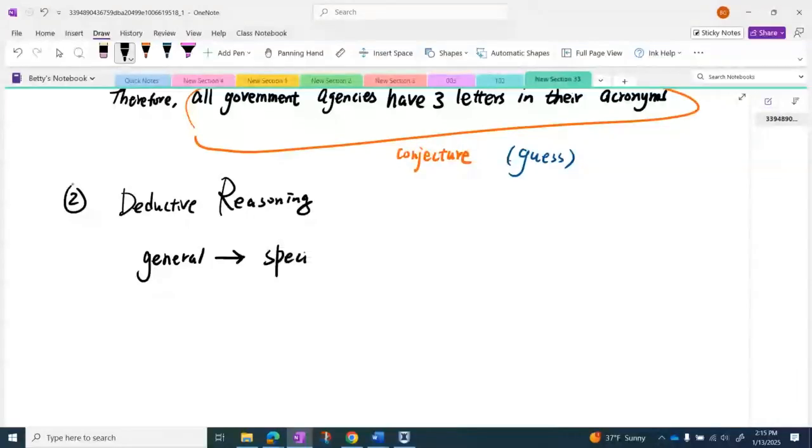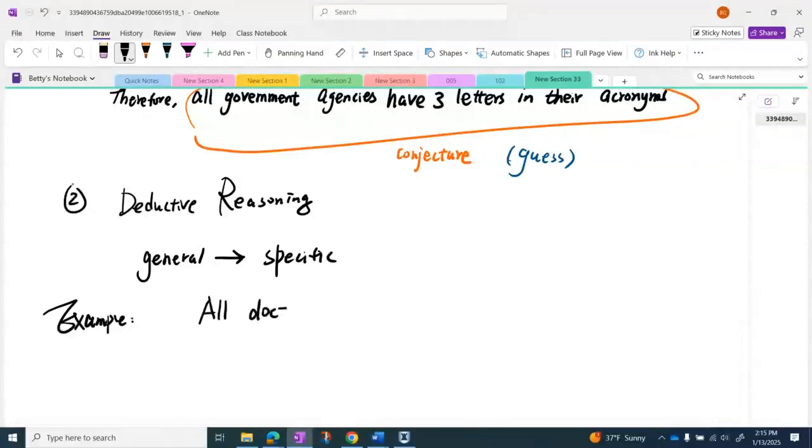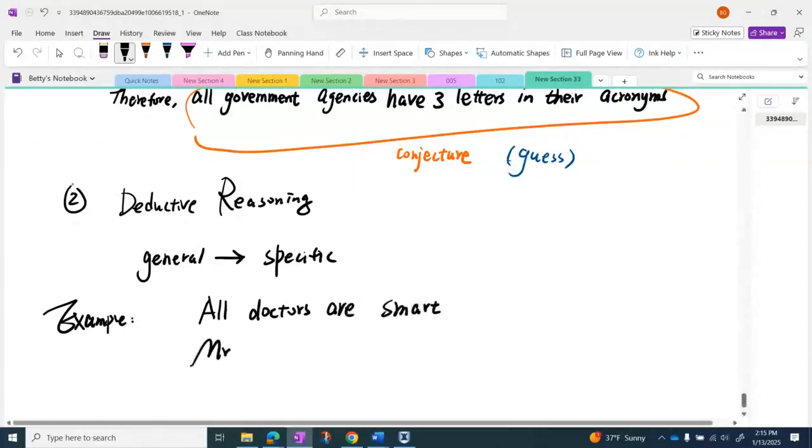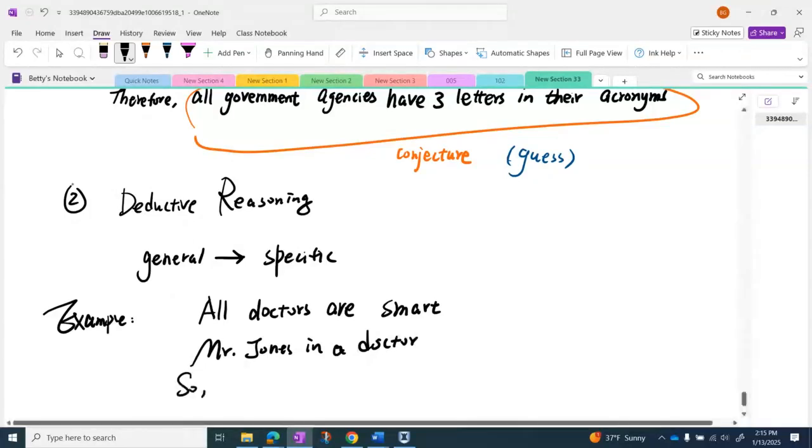For example, let's say all doctors are intelligent or smart, and Mr. Jones is a doctor. So I can draw the conclusion: Mr. Jones is smart.